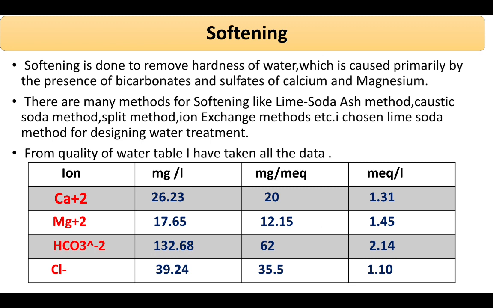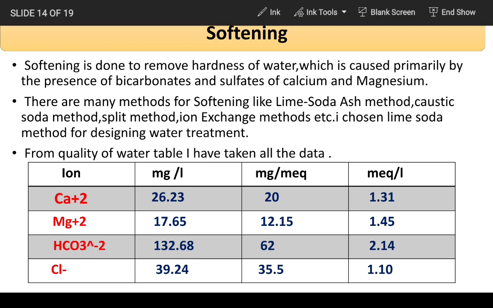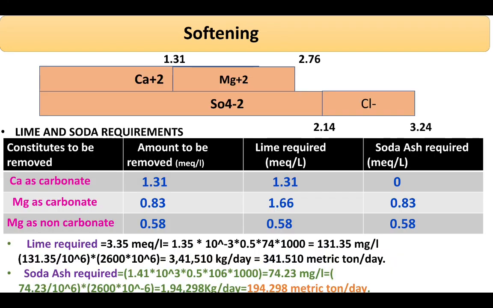You can see here I have taken a table, which I took from the quality of water presented in slide number 7. Now I am balancing the cationic and anionic proportions, which come out to be 2.76 and 3.24 respectively. For the calculation of lime and soda requirements, the lime requirement comes out to be 3,41,510 kg per day, and the soda ash required is around 194 metric tons per day.